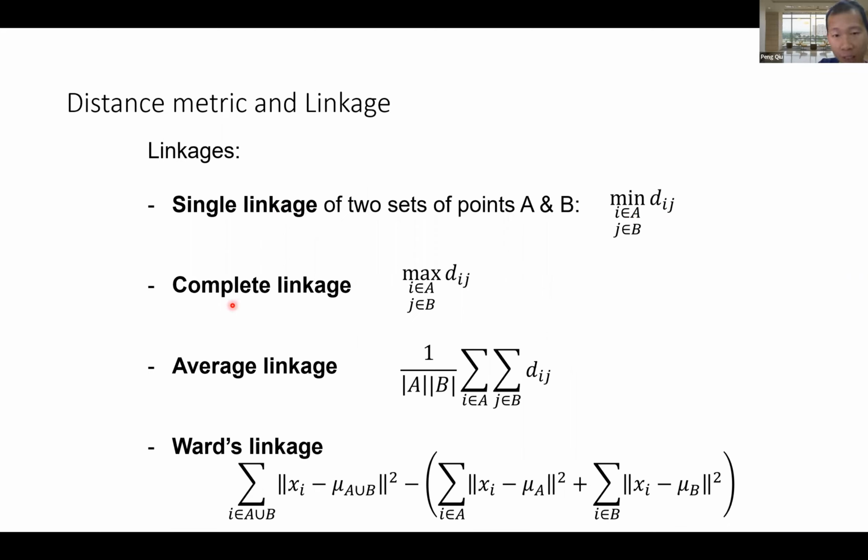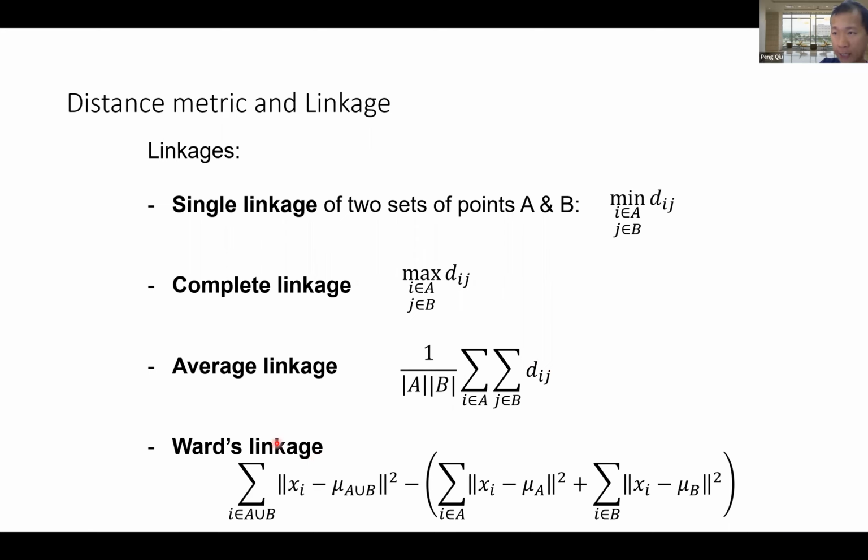The idea of complete linkage is, again, those 50 numbers, you take the max. That represents the diameter of set A combined with B, the union of the two sets. And average linkage is basically those 50 numbers, you take the average.